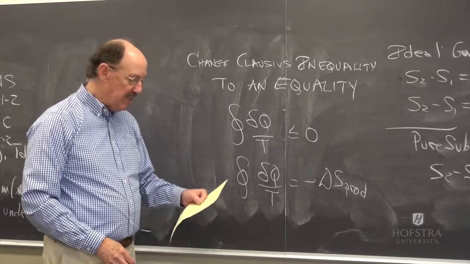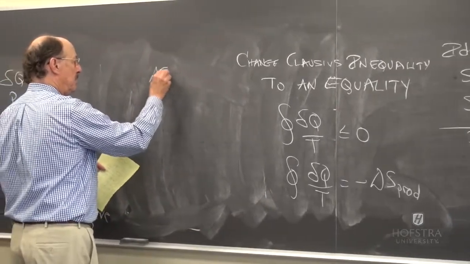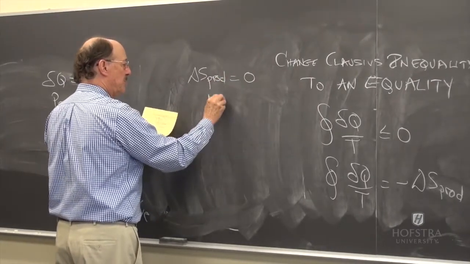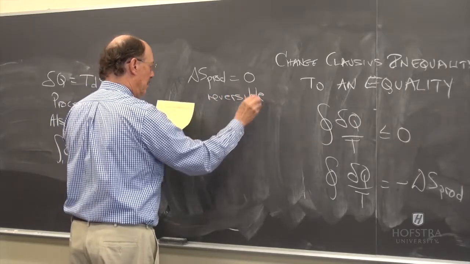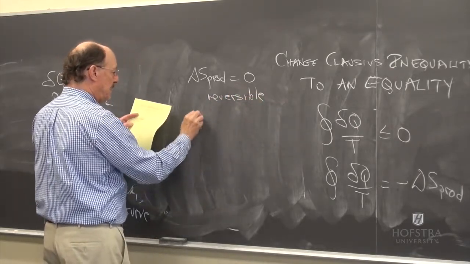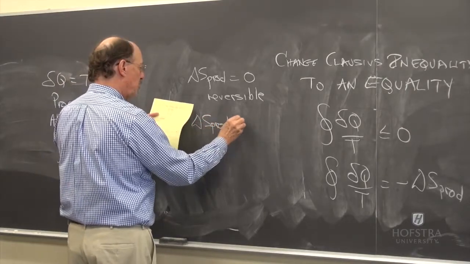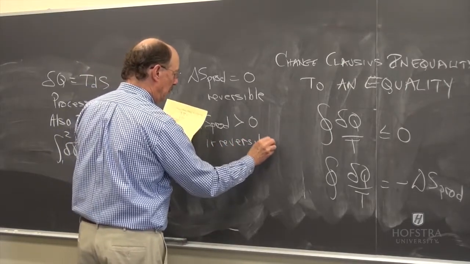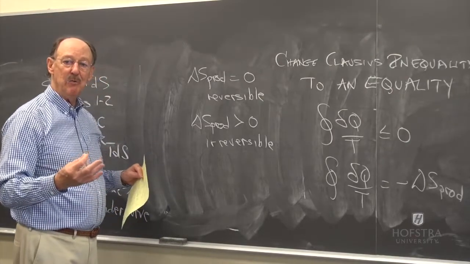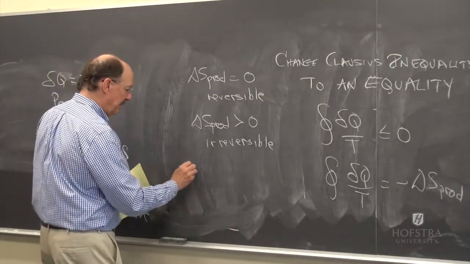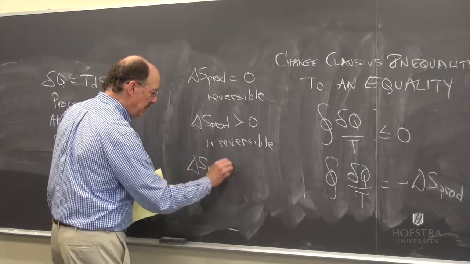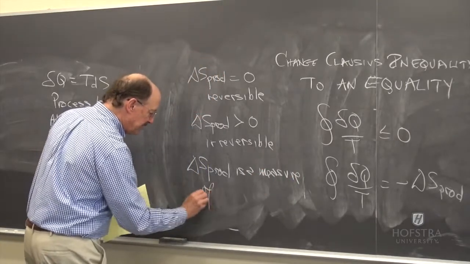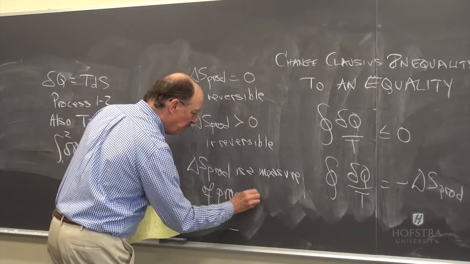And we're going to see the following, that del S production is equal to 0 for reversible processes, and del S production is greater than 0 for irreversible processes. And so it's a measure of how irreversible the process is. Del S production is a measure of process irreversibility.